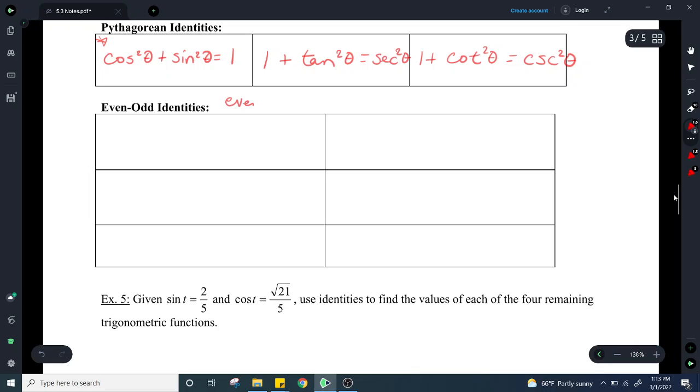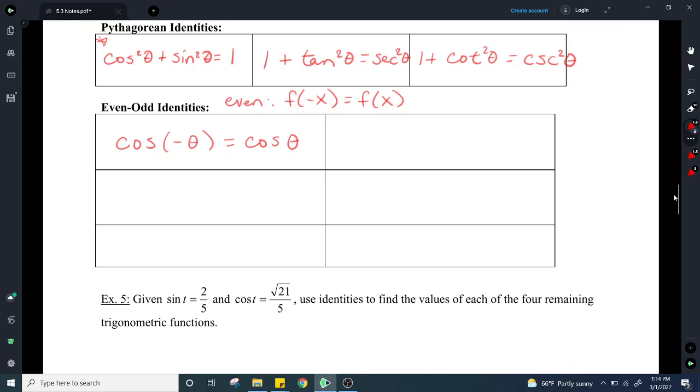If a function is even, the definition of an even function is that f of negative x should just simplify to f of x. So with that in mind, if I tell you that cosine is an even function, then we can say cosine of negative theta is always going to just simplify to cosine of theta.